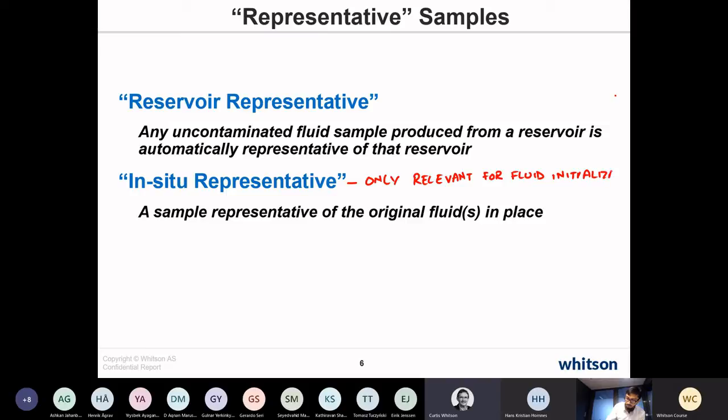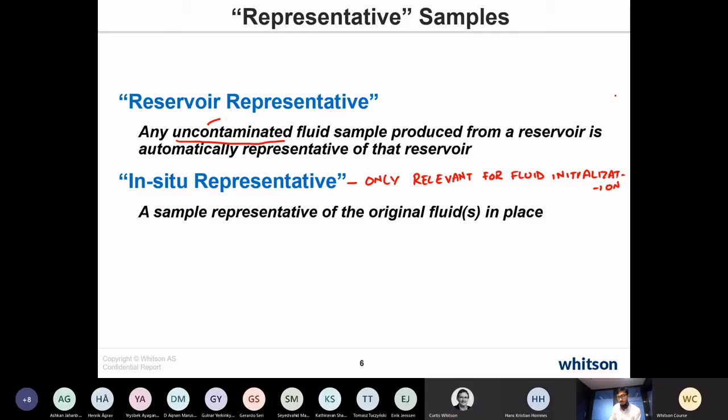One is that there's no oil-based mud contamination for in situ representative, and the second is that you don't alter the distribution of components that's actually found in situ that reach the sampler. And the purpose of those in situ representative samples is mainly to map out the initial fluid composition, or GOR.